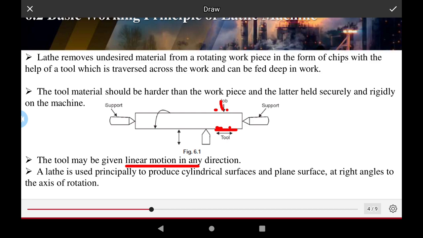A lathe works on the principle of producing a cylindrical surface and a plane surface at right angles to the axis of rotation.